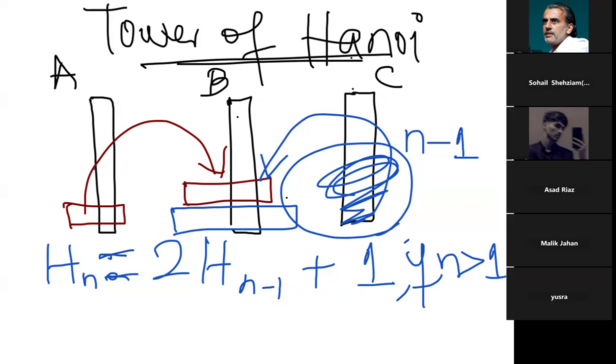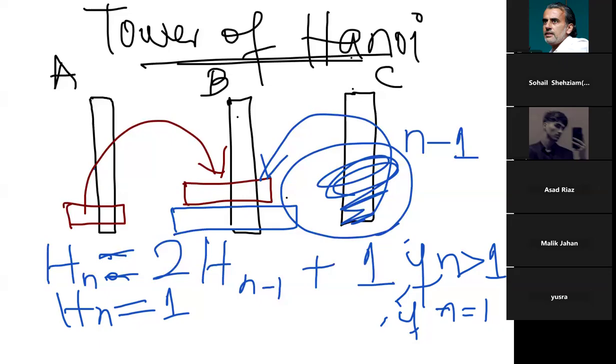And in that case, if n is equal to 1, then hn is going to be equal to 1. So this is what we call a recurrence relation. And this expression essentially captures the number of moves required to move n disks from one tower to another tower.